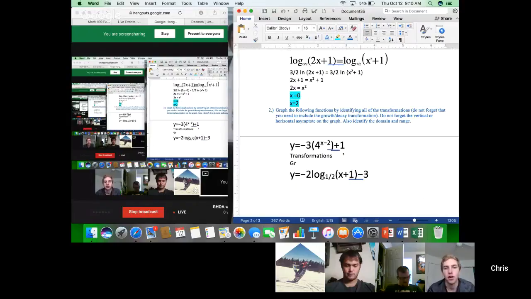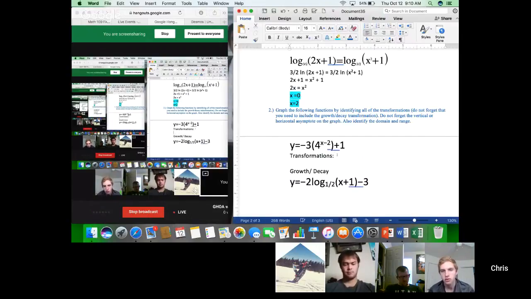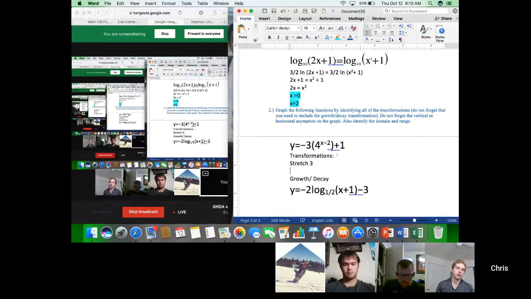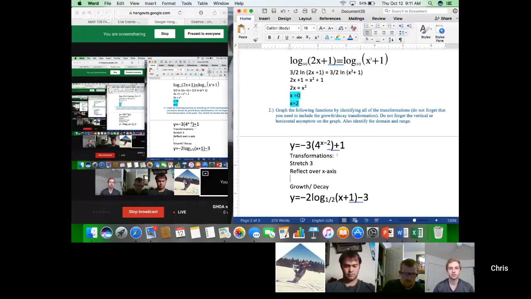So it stretches by -3 and reflects over, is it the x-axis? Yeah. Goes to the right one, and something happens with that x minus 2 in the exponent.